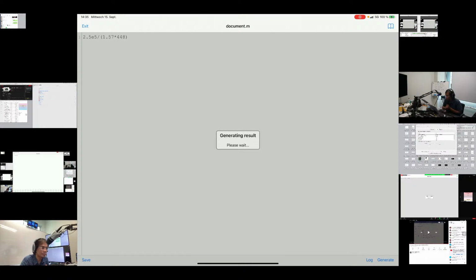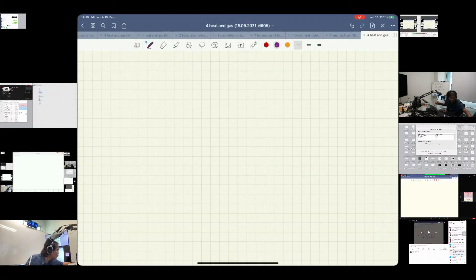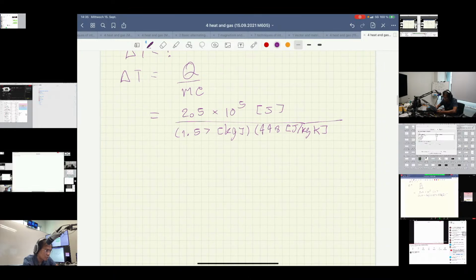It generates 355.44. Okay, 355.44. It's equal to 355.44 Kelvin.